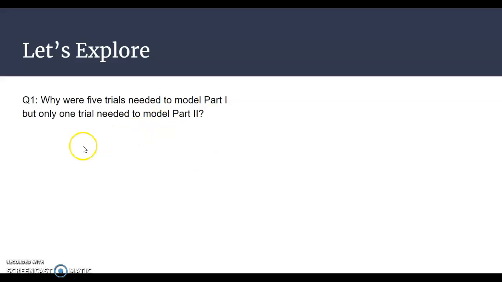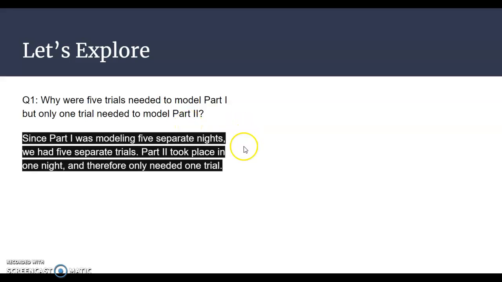So the first one asked why there were 5 trials needed in part 1 and there was only 1 trial in part 2. If you hadn't caught on to my directions, this is really the explanation that I was trying to get at. There were 2 ways that fish spawn, either over a period of time.